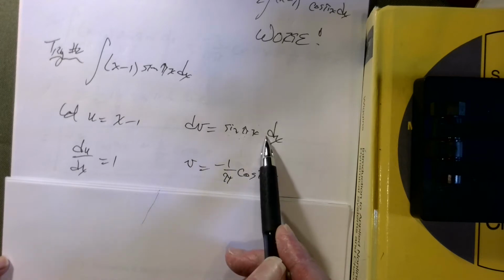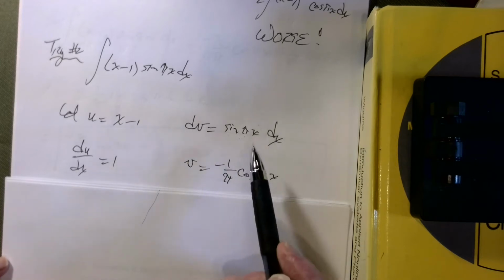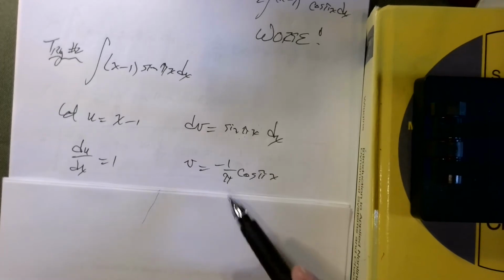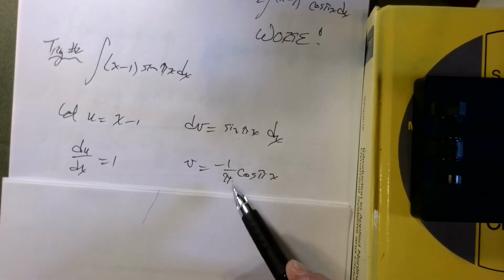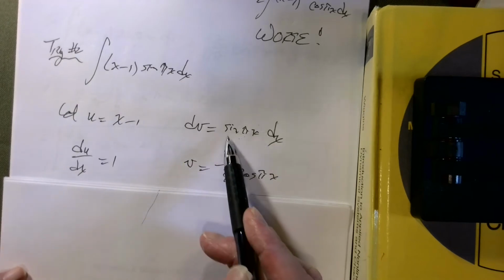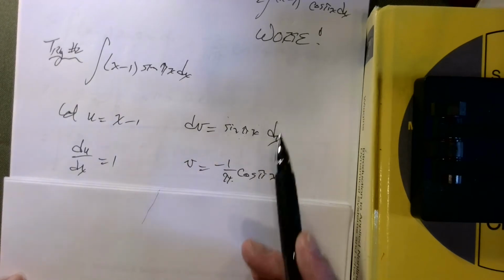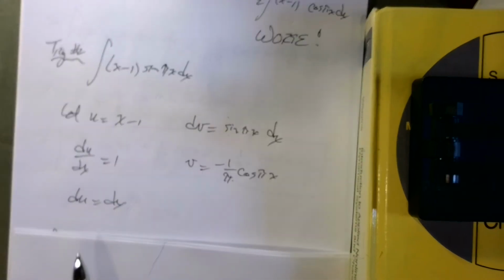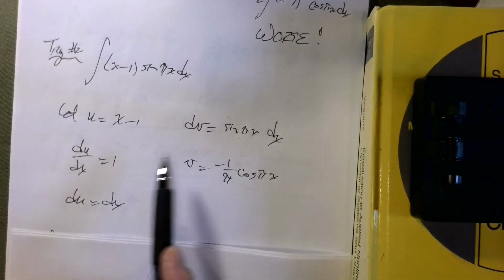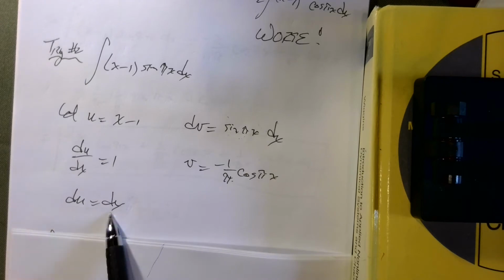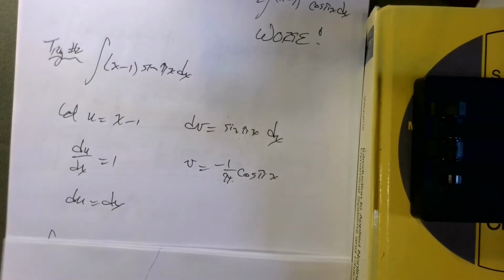So you're going to need a pi, and you're going to have to take out a pi. So the integral of the sine of u is going to be minus the cosine. Then we have this extra factor of 1 over pi. Again, you have to have a pi here, and you have to take one out. And so when I differentiate the u, I just get 1 multiplied by dx.